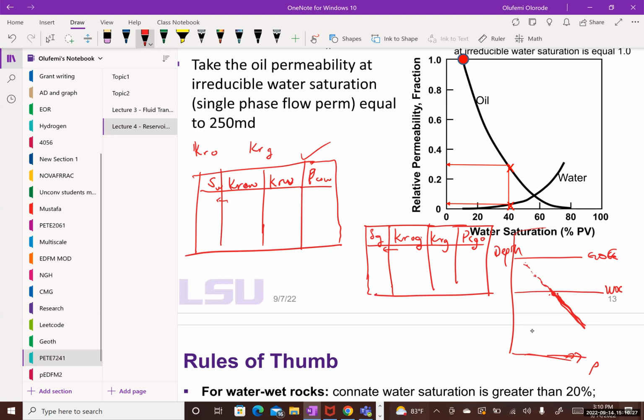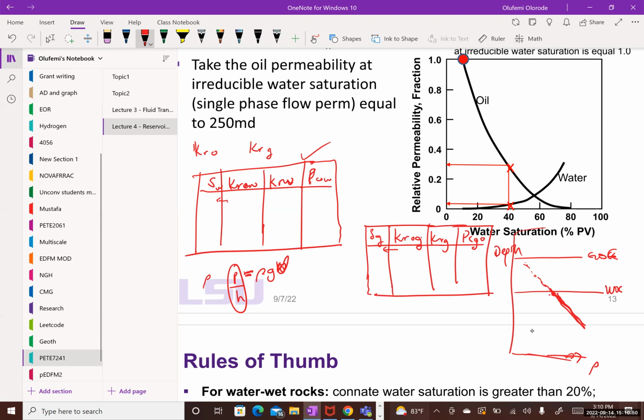But you know that pressure is rho g h, right? And that's what you've converted into pressure gradient, which is the rho g, the 0.45 that you said. So basically you will see that capillary pressure is related to the densities.